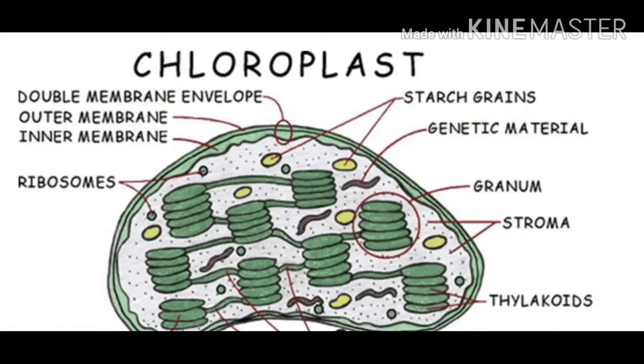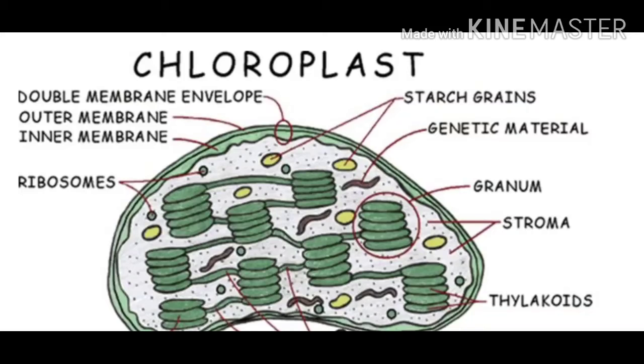So, in order to write about chloroplast in detail, first of all, you have to mention that it is a double membraned organelle. It has an outer membrane and an inner membrane. Inside the inner membrane, you can see the liquid portion which is called stroma, and the coin-like structures are called thylakoids. When these coin-like structures are arranged one over the other, that whole stack of thylakoids is called a granum.